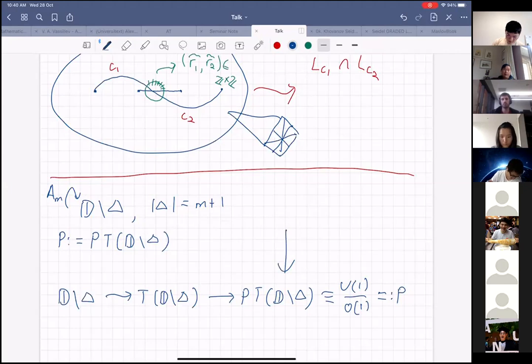So this isn't local. It's for any points in the data.